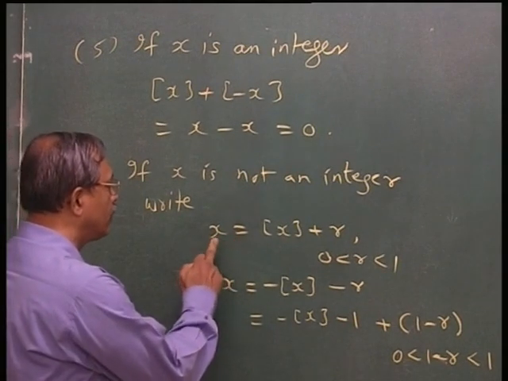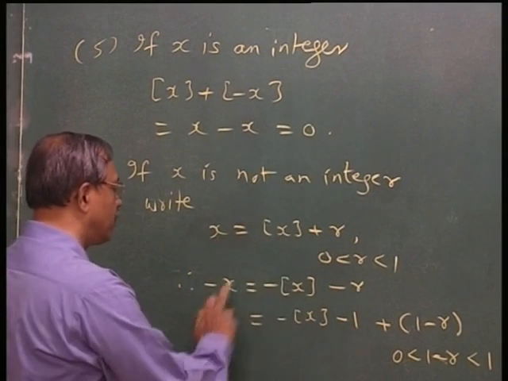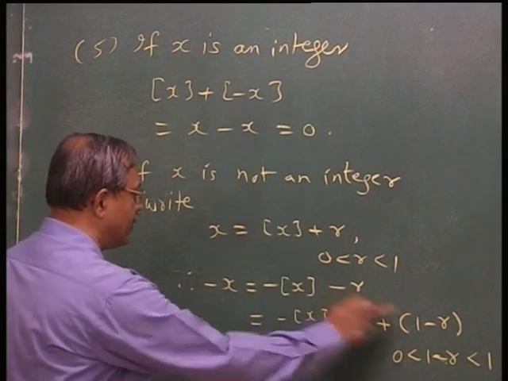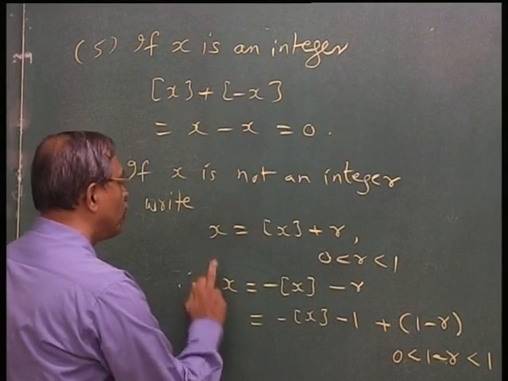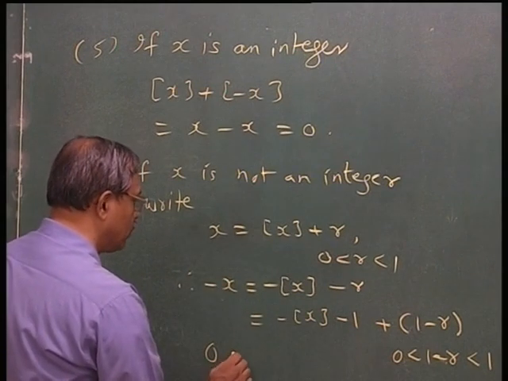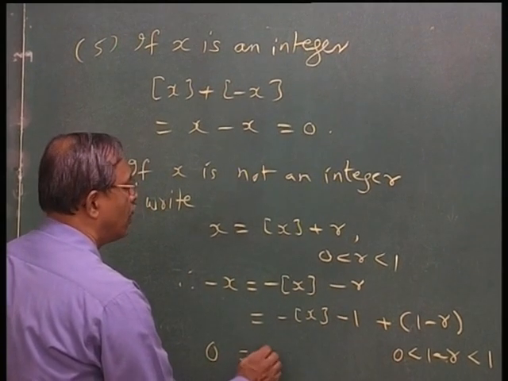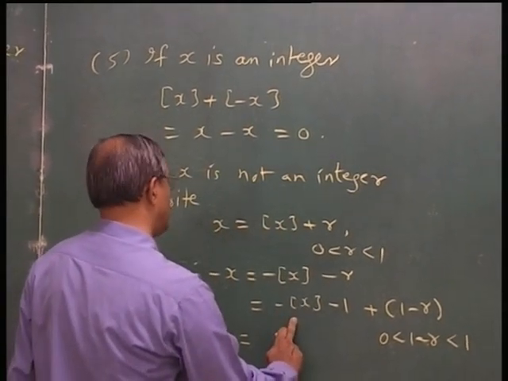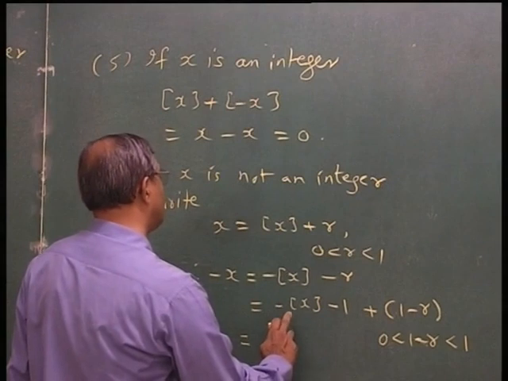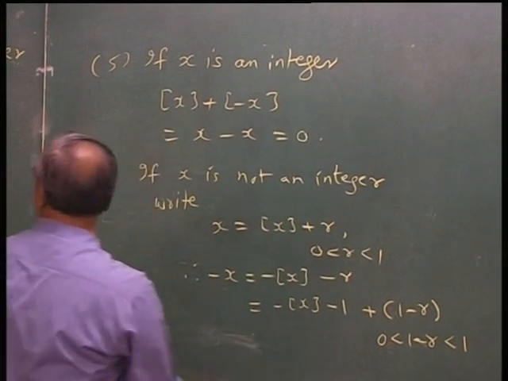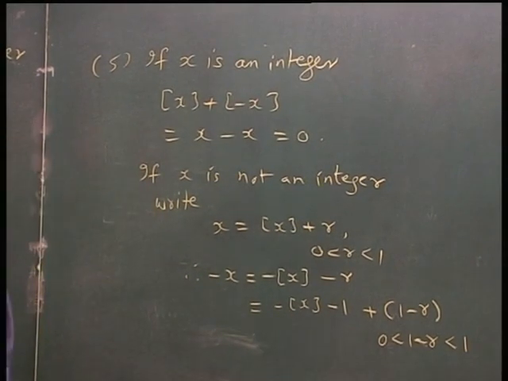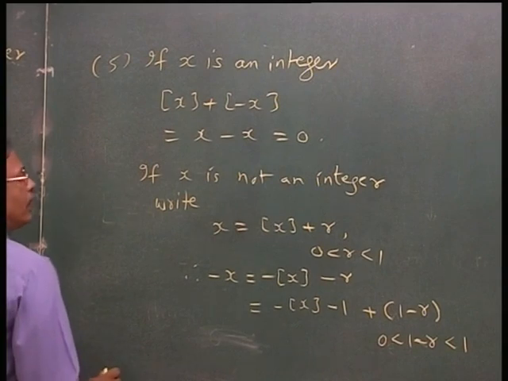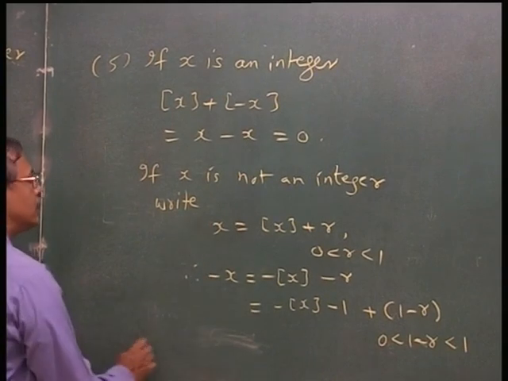Now you see that x is written in this form, minus x is written like this. If you add these, this also gets cancelled. So you want actually integral part of x plus integral part of minus x. So let us write down these.